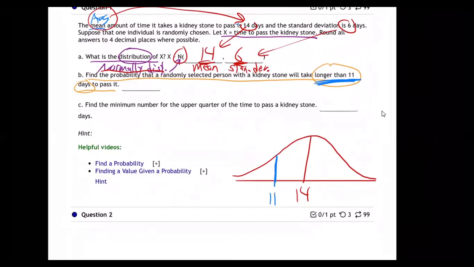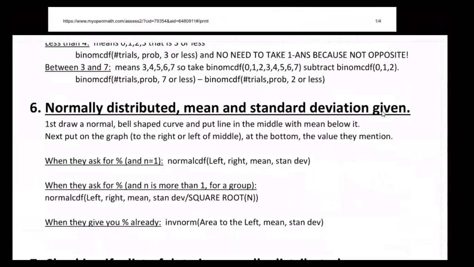Is that good? If they'd given me a number bigger than 14, say like 18 or something, I would have gone to the right. Is that making sense? So that line at the bottom is just like a number line. 14's in the middle and bigger numbers are to the right and smaller numbers are to the left. So I put the 11 because that's the number they mentioned, okay?